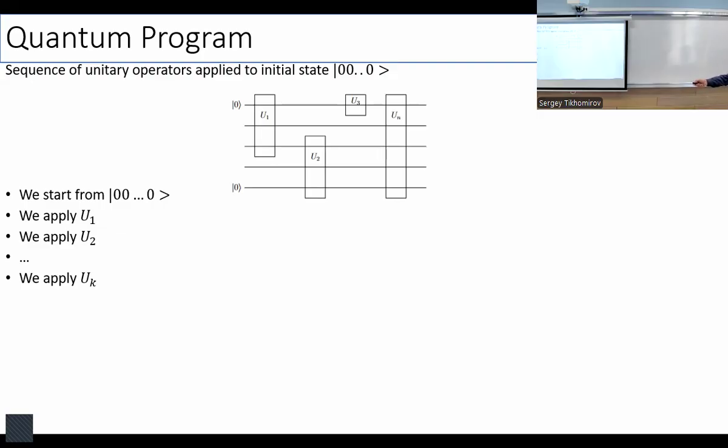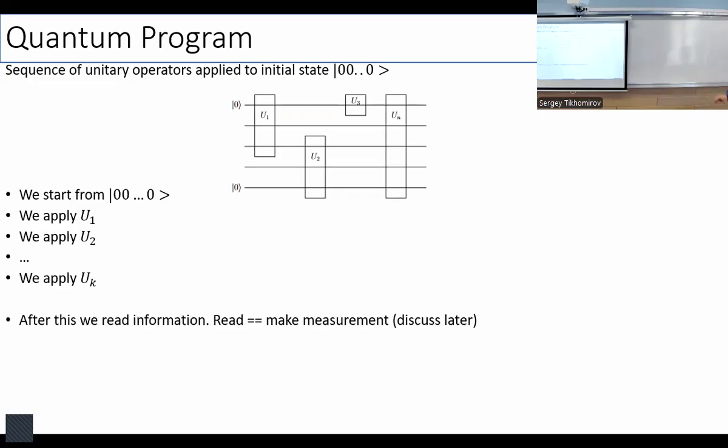And the program works like this. We start from zero, we apply the first operation, we apply the second operation, and so on. And in the end, we still apply, we don't get information. In the end, we measure, we read information. And the read corresponds to the measurement. And this would be the most different part from classical computers.